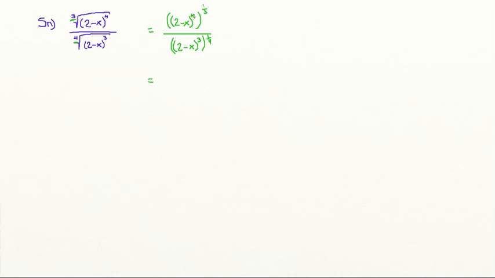We'll multiply the 4 by the 1/3 and the 3 by the 1/4. Now our base is going to be 2 minus x. We can keep that. We don't have to do anything with that right now. And we can now subtract our exponents.